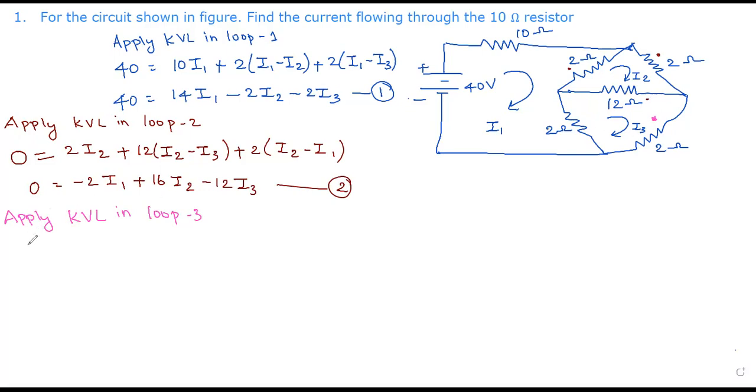So simply, the sum of the voltage sources is equal to the sum of its drops. That is the analogy of Kirchhoff's voltage law.